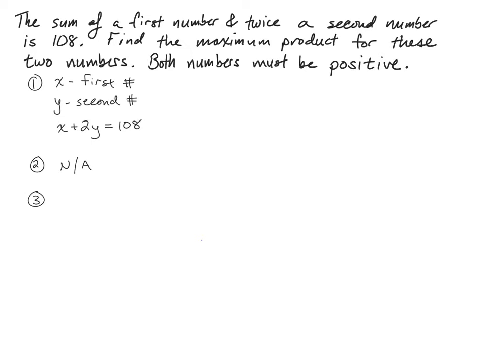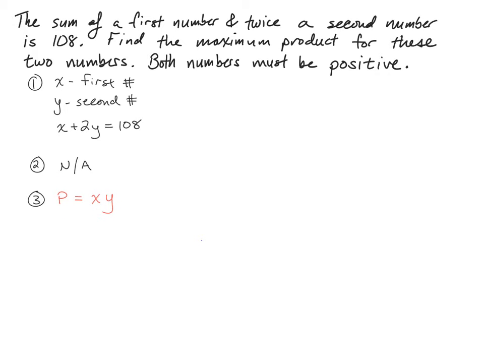And since we're trying to maximize the product for these two numbers, let's just call it big P for product, P equals x times y. So we're trying to maximize the product of these two numbers, x times y.